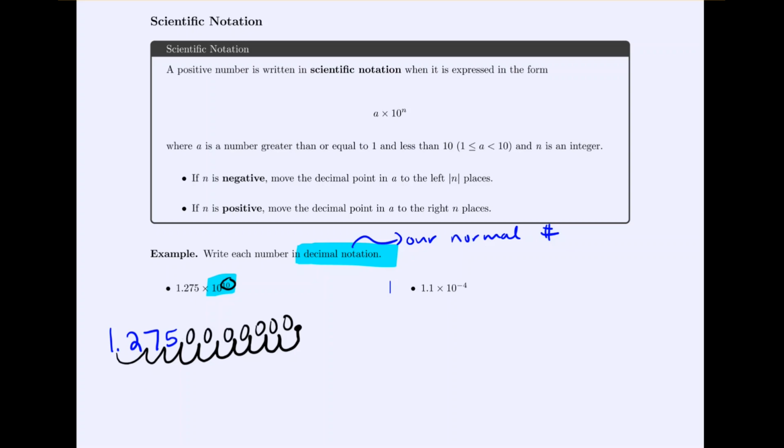So writing this out, I would get 1, 2, 7, 5, followed by 7 zeros. So this number, 1.275 times 10 to the 10, actually represents this value.